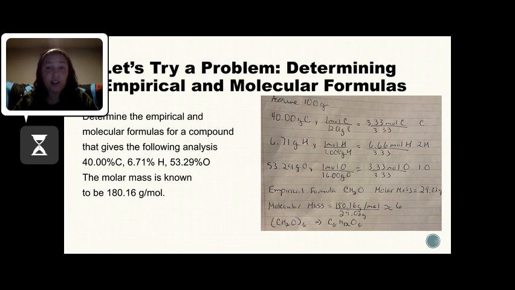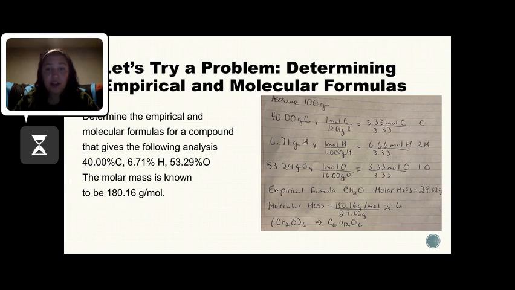We then convert all of these gram weights to moles. So we find out we have 3.33 moles of carbon, as well as 3.33 moles of oxygen, and 6.66 moles of hydrogen. So whatever is your least molar amount, you're going to divide each of the other molar amounts by that number. So you're going to divide each of these by 3.33. And we find that we have 1 carbon, 2 hydrogens, and 1 oxygen. This means our empirical formula is CH2O.